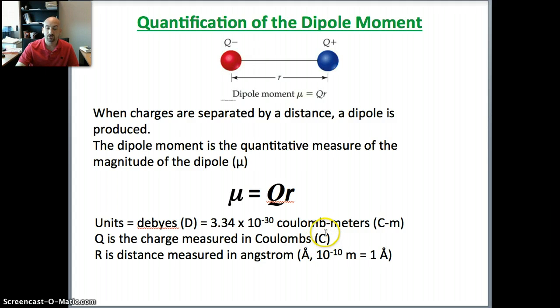Now, if you remember, a lot of times we talk about +1, -1 charge, but we need to convert that to coulombs, and +1 charge is equal to 1.6 times 10 to the minus 19th coulombs. Okay, R is just the distance measured in angstroms, and we should know that conversion. Okay, and so basically we can then calculate the magnitude of that dipole.